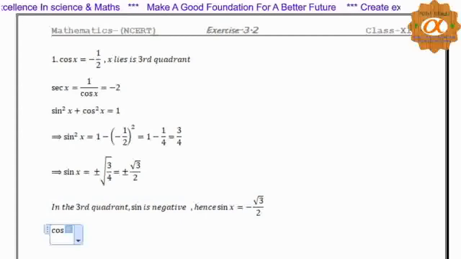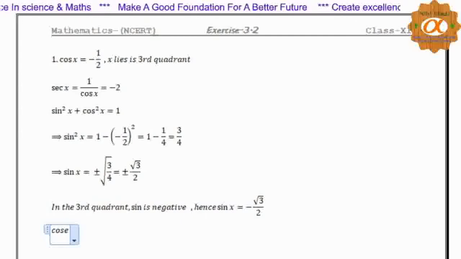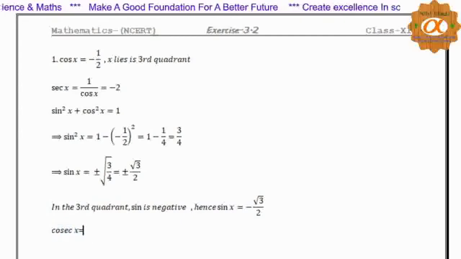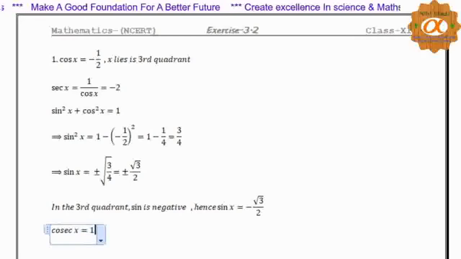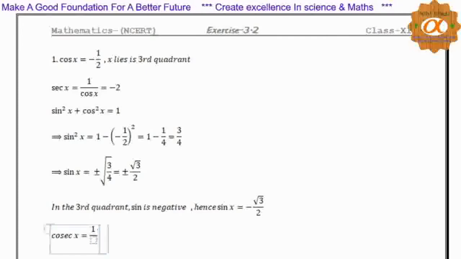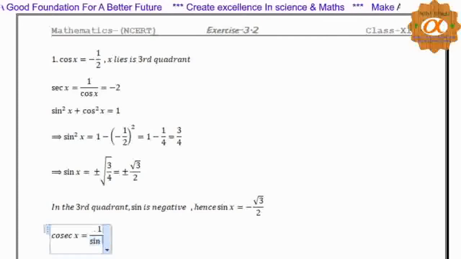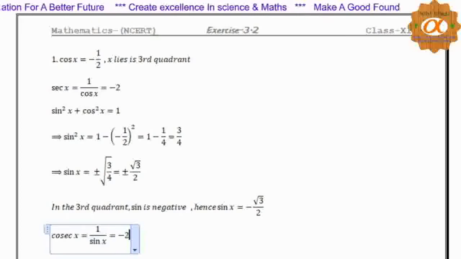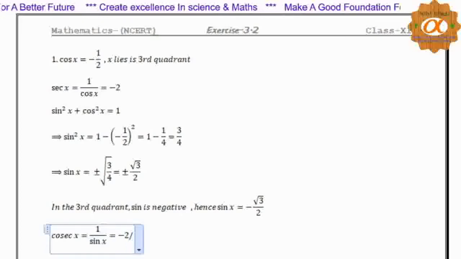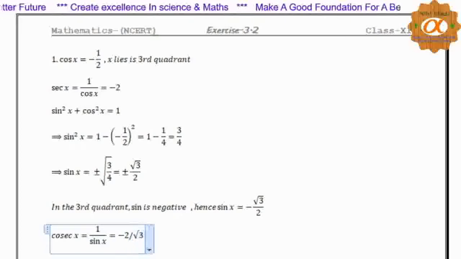That means cosec x, it is the reciprocal of sin x, is equal to minus 2 by root 3.